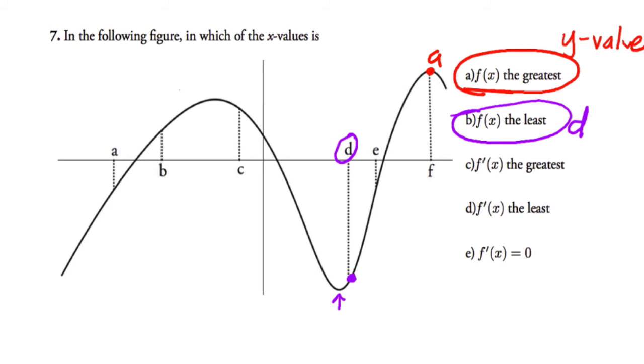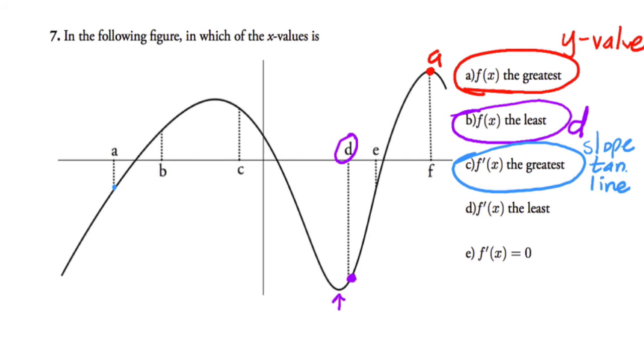Okay, so out of these choices, where is f prime of x the greatest? Let me change the color. Okay, where is f prime of x the greatest? What I'm looking for is the steepest tangent line, because the derivative graphically tells me the slope of the tangent line.